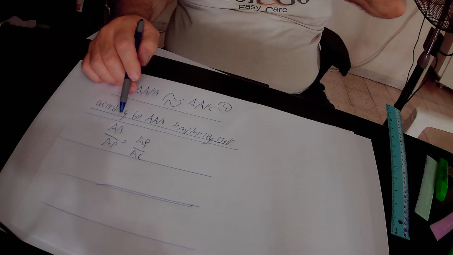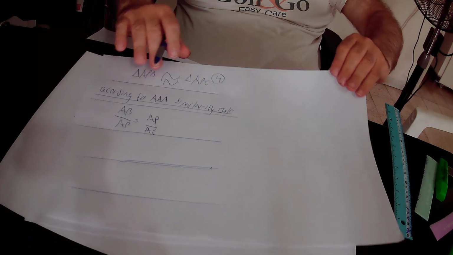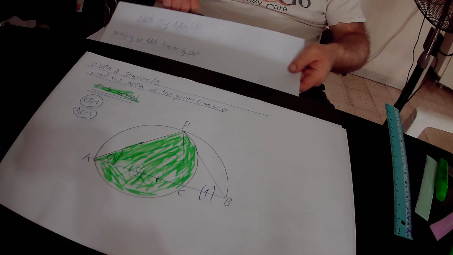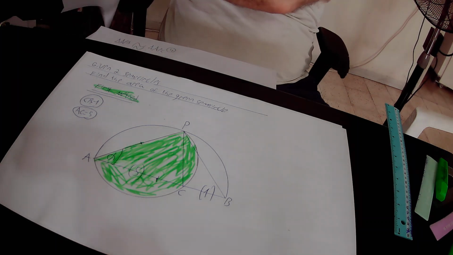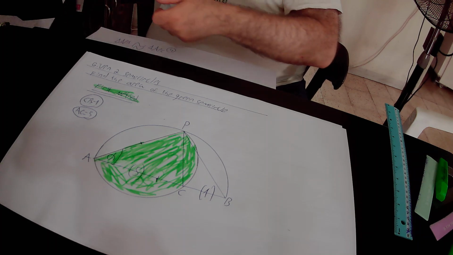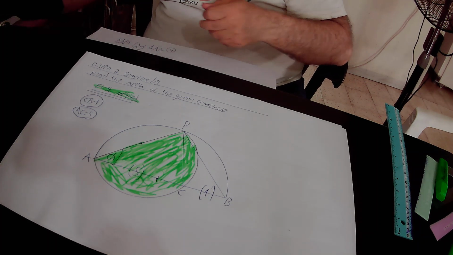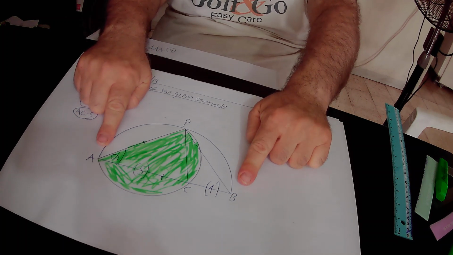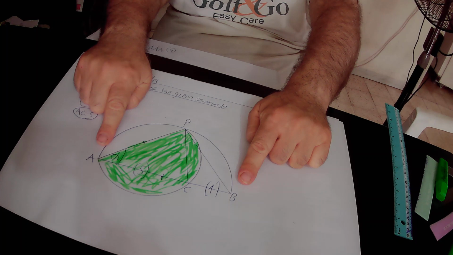What is the length of side AB? From the drawing, it is very easy to see that AB in total equals 5 plus 1, that is 6. So we substitute AB by 6.